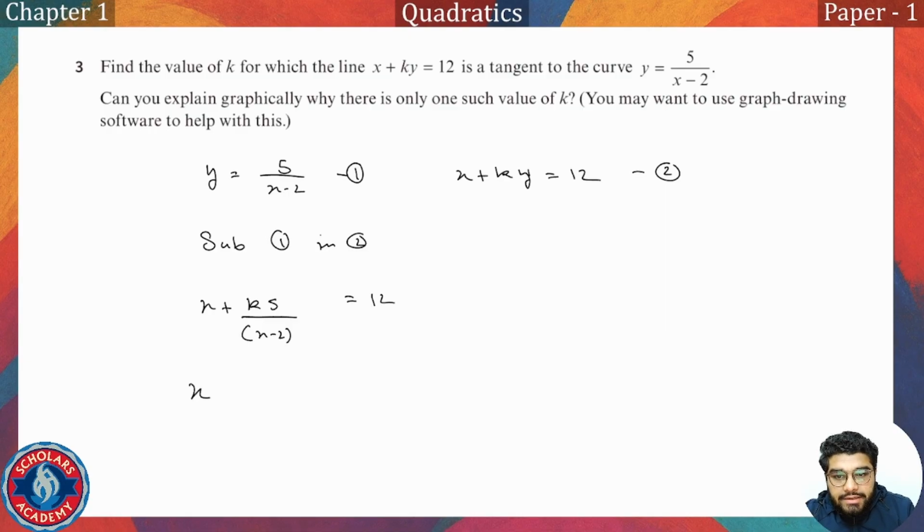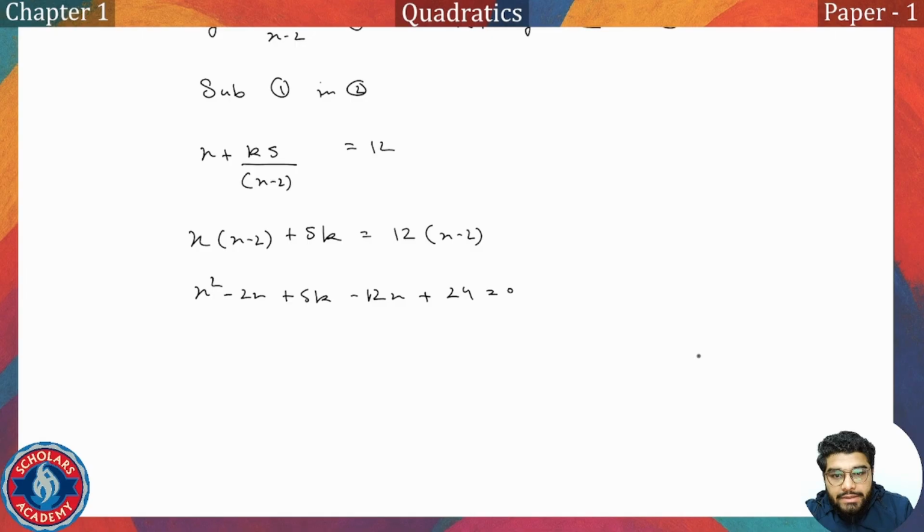So we get x times (x minus 2) plus 5k is equal to 12 times (x minus 2). We get x square minus 2x plus 5k minus 12x plus 24 is equal to 0. So we simplify it, we get x square minus 14x plus 5k plus 24 is equal to 0.